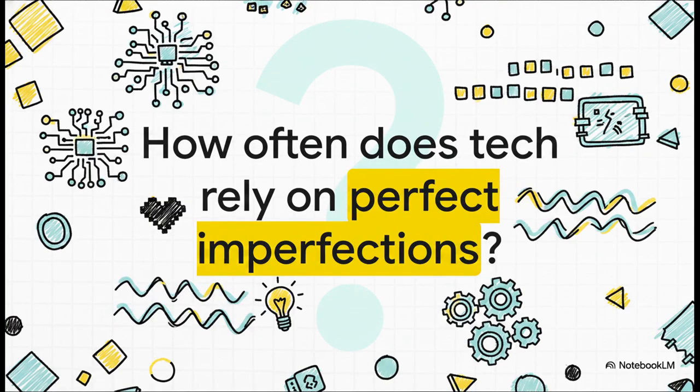It totally makes you look at your screens differently, doesn't it? We always crave absolute perfection from our technology. But at the very bottom, right at the foundational binary level, it's all about managing constraints. Knowing this, you really have to wonder, how often does your everyday tech rely on perfect imperfections to keep our modern world running? It is absolutely a fascinating thought to chew on.